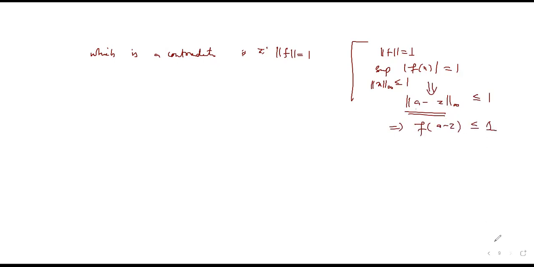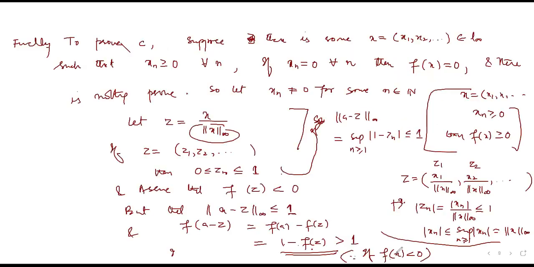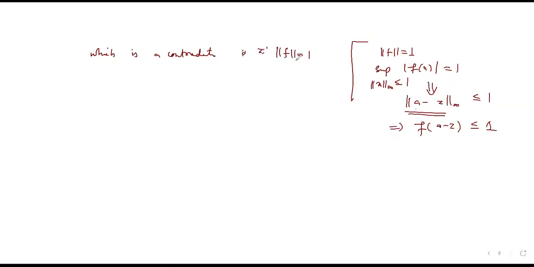But if f of x is negative then f of z is negative, so it is greater than 1. This contradicts that the norm of f is equal to 1, and this proves what was left, C. So that was about Banach limits.